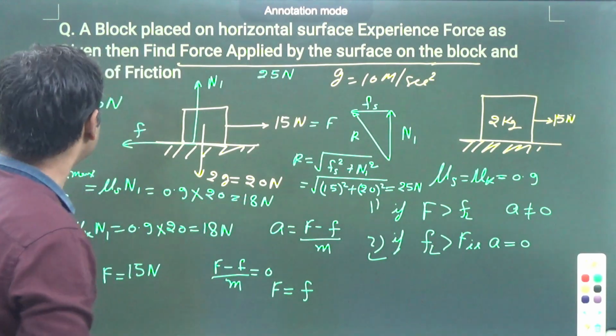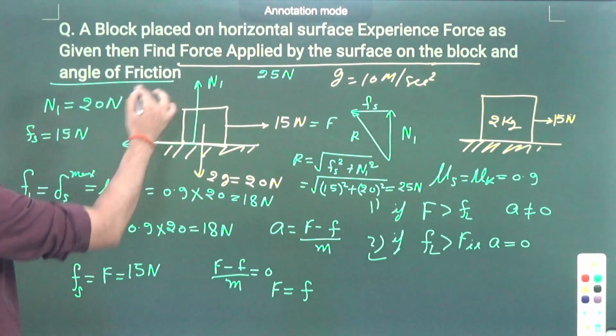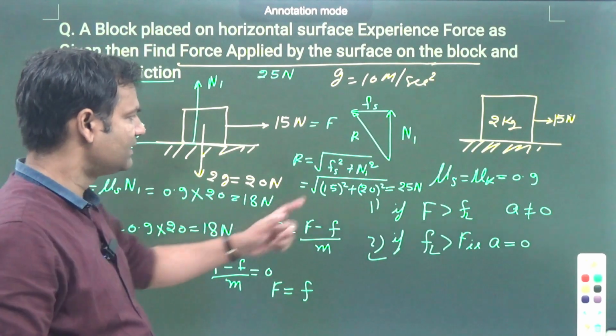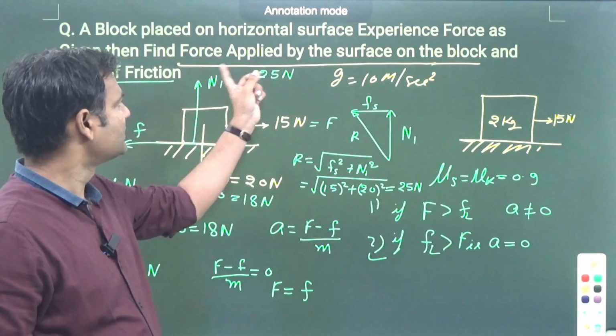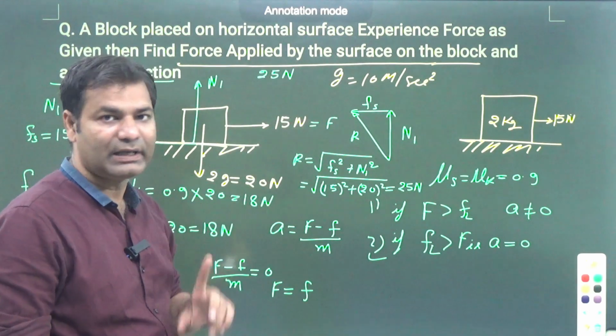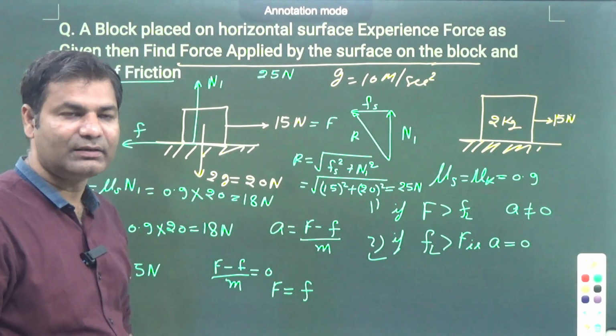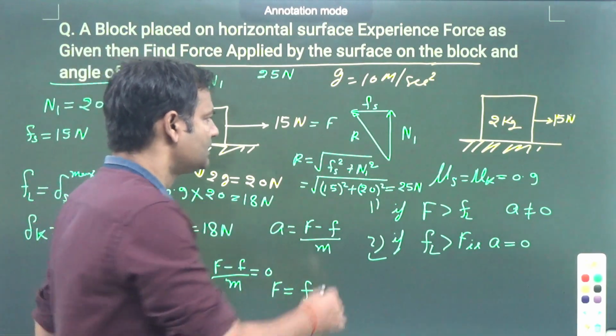Our next target is the angle of friction, which is the angle between the resultant force applied by the surface on the block and the normal force, call it lambda.